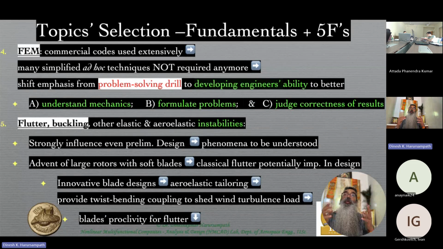Here, because we are performance driven, even if a structure looks ugly, we want it to do the job that it's meant for. It should take as many people as it needs to, as far as it needs to, and as fast as it needs to. So these are the things that we are more concerned about. In the case of a passenger aircraft, the requirements will be very different from other flying vehicles, right?